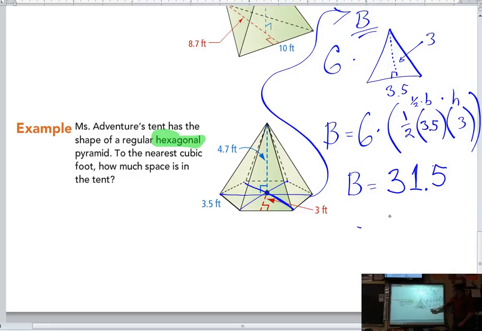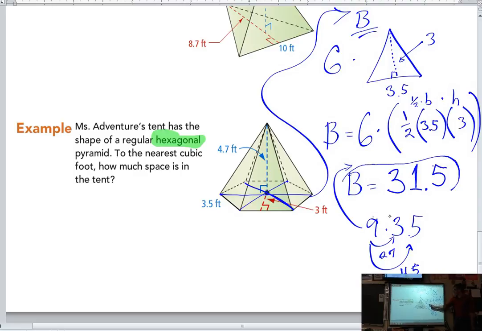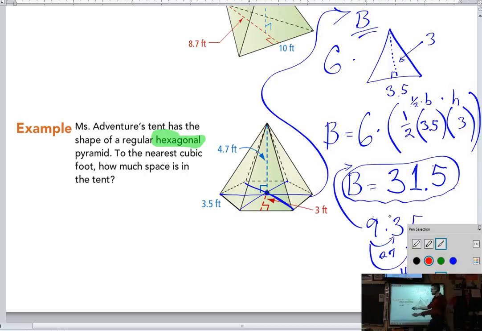The step that came right in here was 9 times 3.5, after we did half of 6 times 3. 9 times 3 is 27. 9 times a half is 4.5. Add those up, we get 31.5. I think you maybe did 3 times a half. That's where you got your 28.5. Then we've done the hard part. Finding big B is the hard part, so be careful when you do that, and then the rest should flow easy.